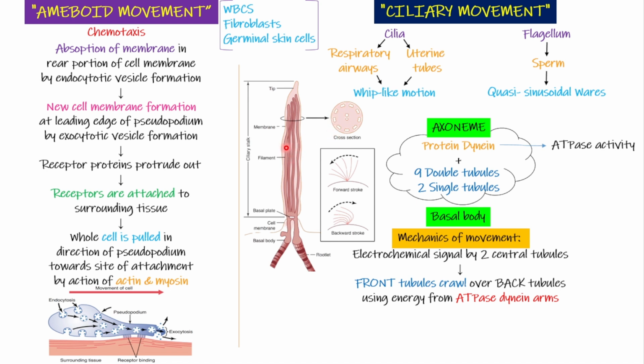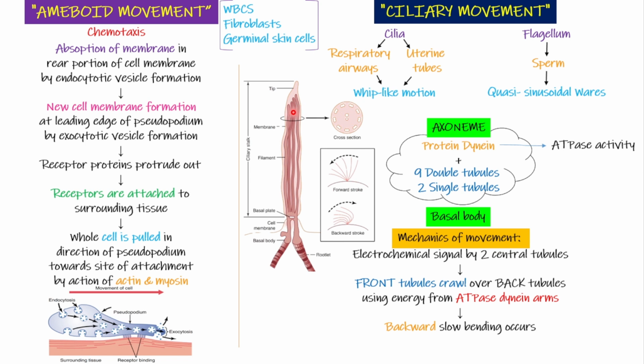When they crawl over these back tubules, there will be bending of this whole cilia as they are attached by dynein arms, the dynein protein, which has ATPase activity. So when these front tubules crawl over these back tubules, there will be bending of this cilia backwards.